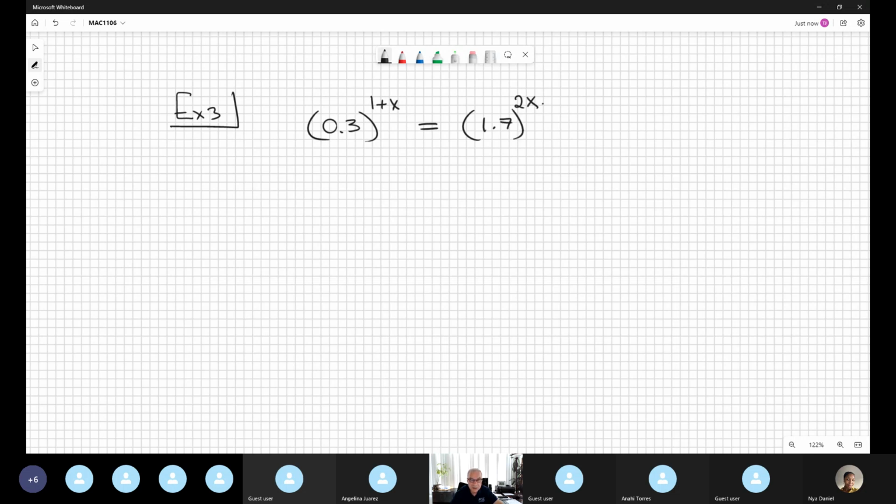Wow, this is totally crazy, because we have one exponential equation, where the base of the first exponential is 0.3, and the other is 1.7. It's impossible doing it by the traditional way where you manipulate both sides. No manipulation. You apply logarithm on both sides and end the story.